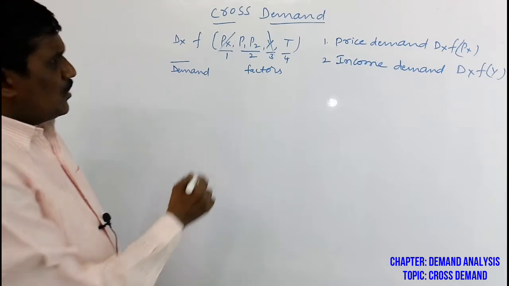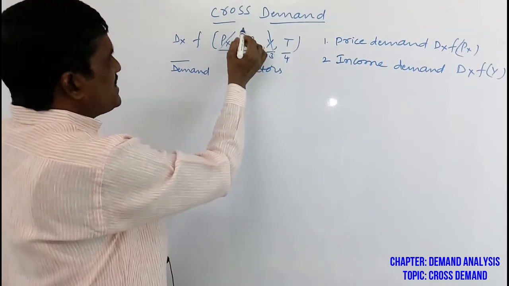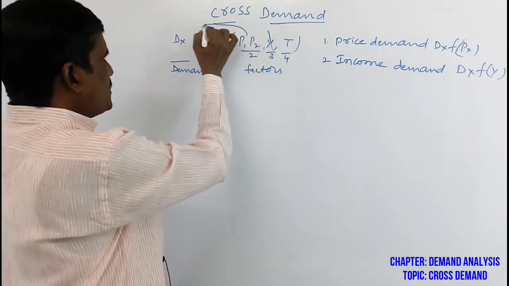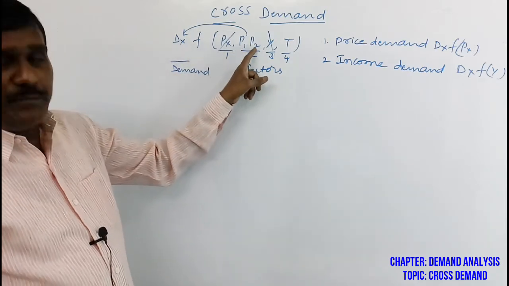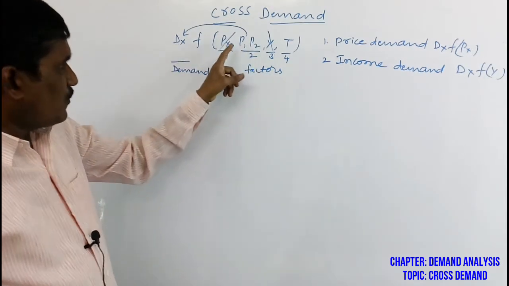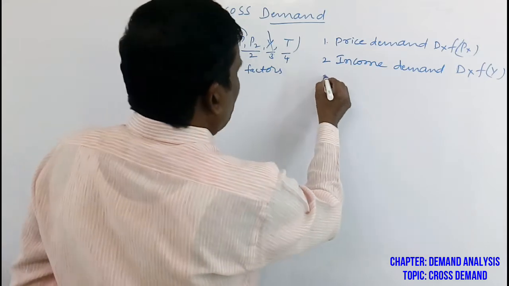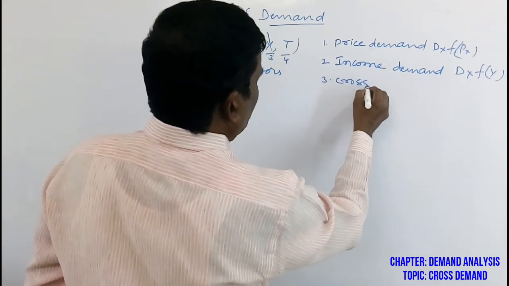And now in this video we are going to analyze the relationship between Dx and P1, P2. Dx = f(P1, P2) is called cross demand. Simple, try to understand.